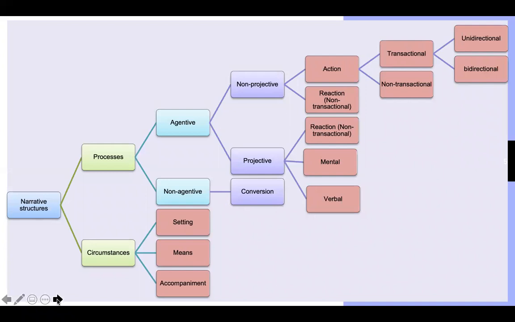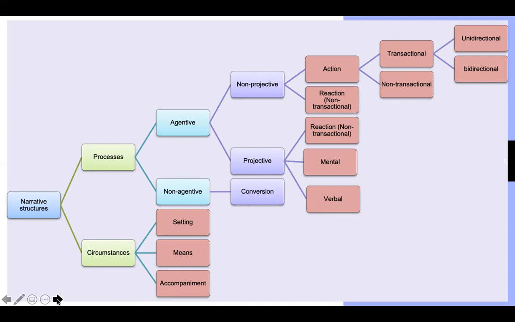For narrative structures, as I mentioned earlier, there are two types, the process and the circumstantial elements. Okay, we just look at the one in the pink boxes. Well, there are different types of processes. One is action, reaction, mental, and verbal.